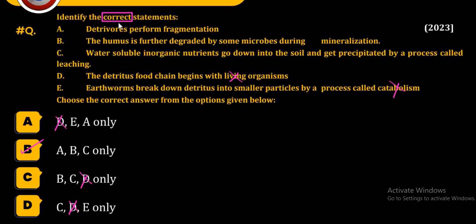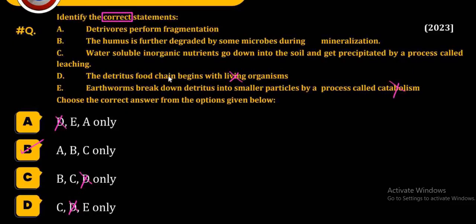Next question. Identify the correct statement. A. Detritivores perform fragmentation. B. Humus is further degraded by some microbes during mineralization. C. Water soluble inorganic nutrients go down into the soil and get precipitated by the process called leaching.